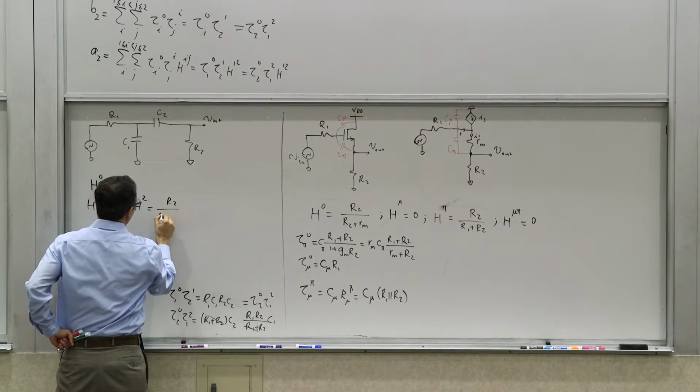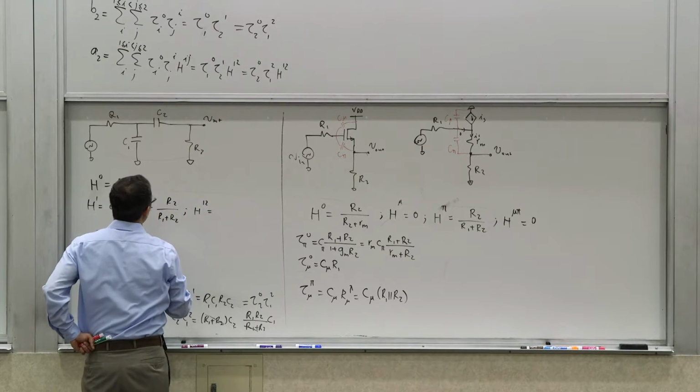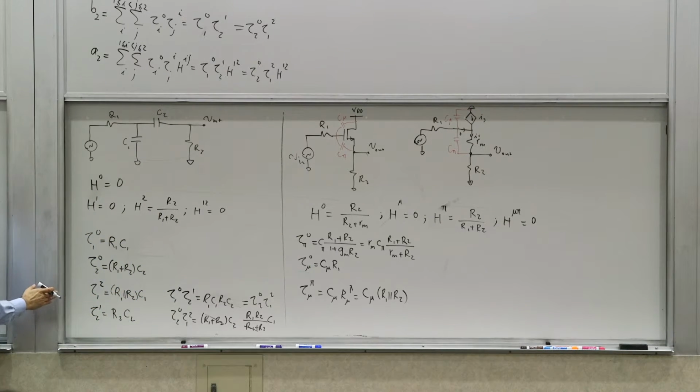It's R2 over R1 plus R2. And there's the so-called H12, which is also 0. So again, here you can think about it as being done at this point, because you know everything you need to know. Now, if you really want to calculate the transfer function and write every parameter in terms of S's and all those things, you can do it.